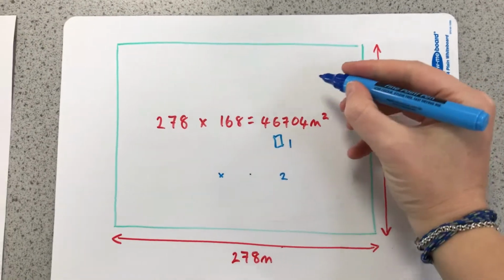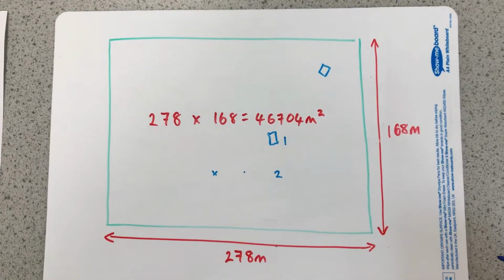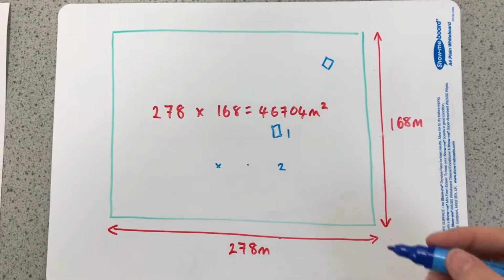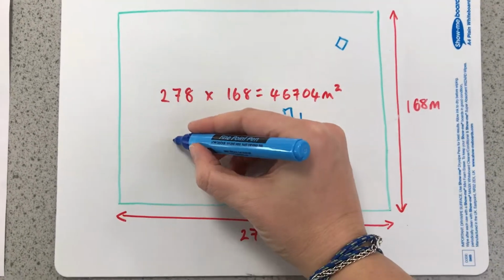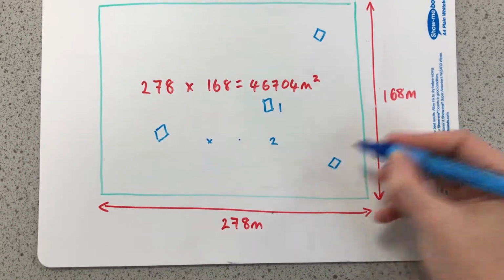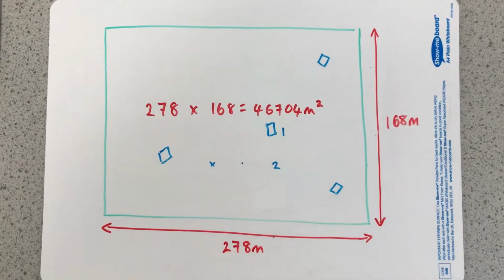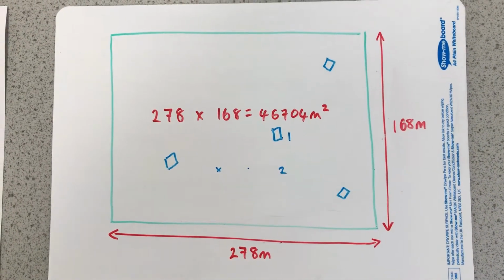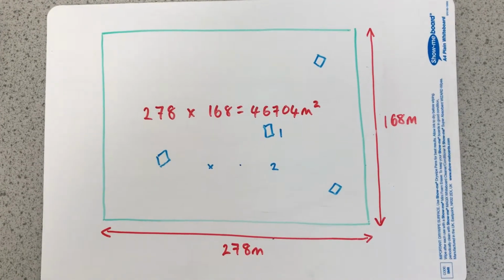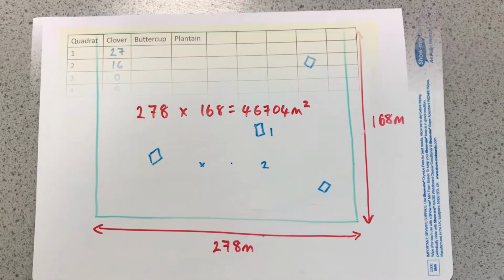And then, because it's a big field, I might come over here and do the same process, either frisbee the quadrat or do my grid references and walk out. I've got to make sure I'm covering the whole field doing my 10 quadrats. So it must be a random distribution of the quadrats. We can't bias the results. We can't try and fix the results to show the outcome that we're looking for.